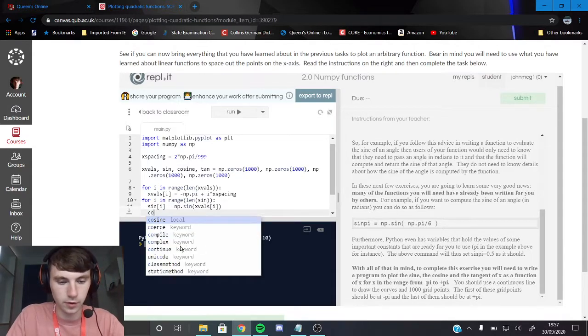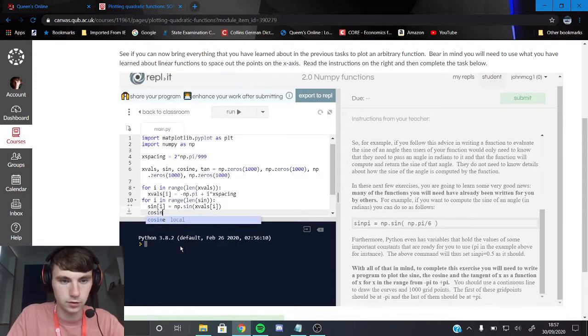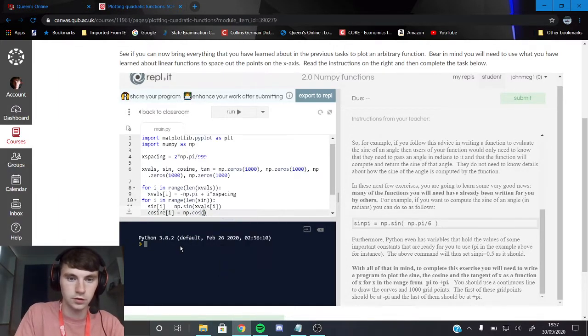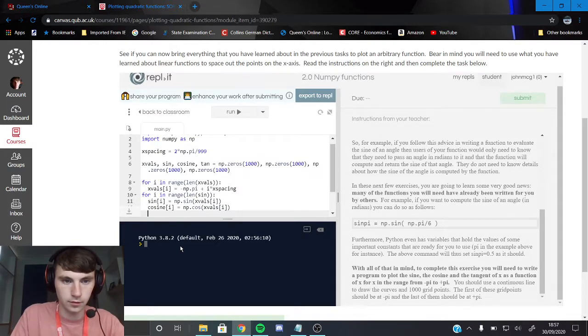I'm going to do the same for cosine, np.cos, so you have to put the np beforehand, as well as i. Then tan. I was confused when he said tangent as well. np.tan of x vals i.